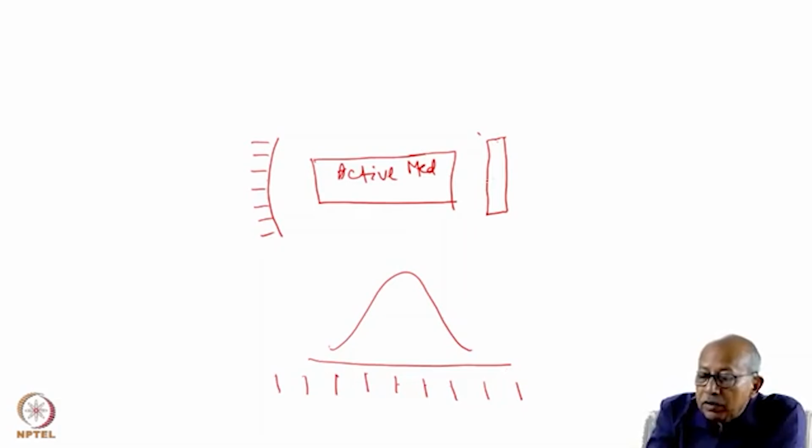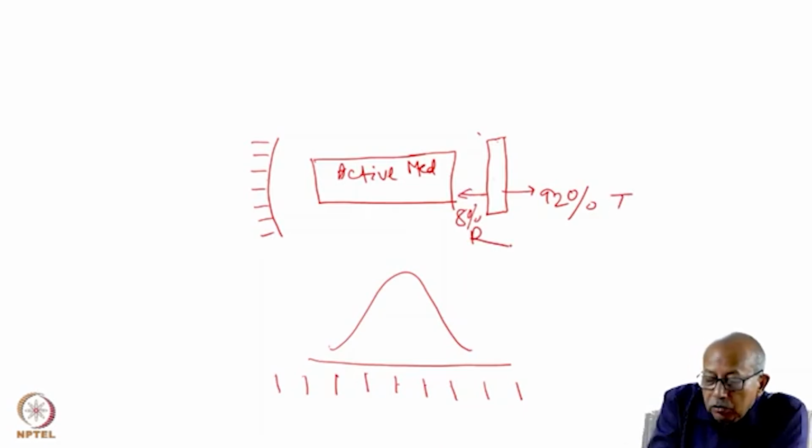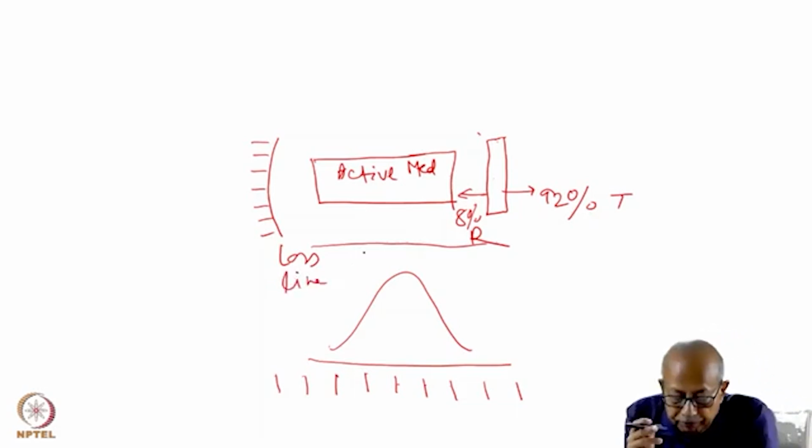And as this is a 92% loss, pretty high, with 8% reflection, we show the loss line at a high level. This is the loss line.